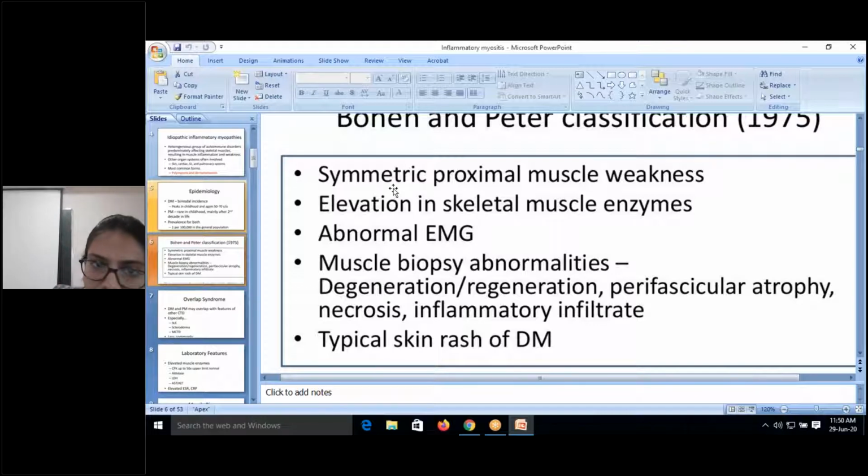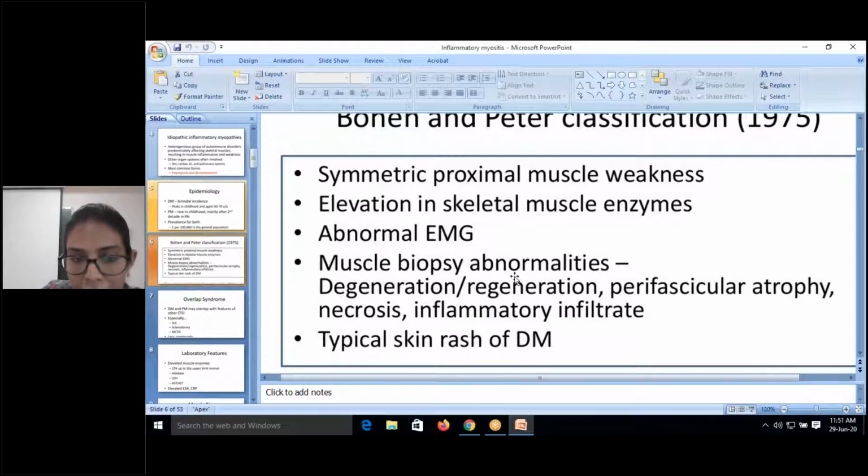In this classification, there is symmetrical proximal muscle weakness, elevation in skeletal muscle enzymes, abnormal EMG, muscle biopsy, and skin rash. So you have the clinical feature suggesting myopathy, then a lab feature of elevated creatine kinase, and then EMG, which should show some irritability in the muscle, or high amplitude, low amplitude, high frequency discharges.